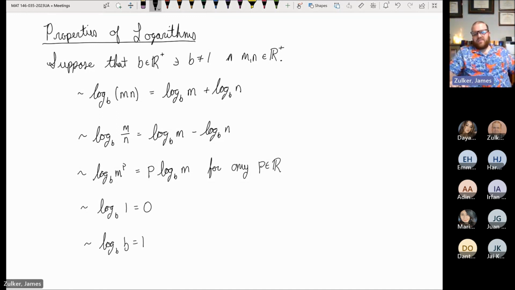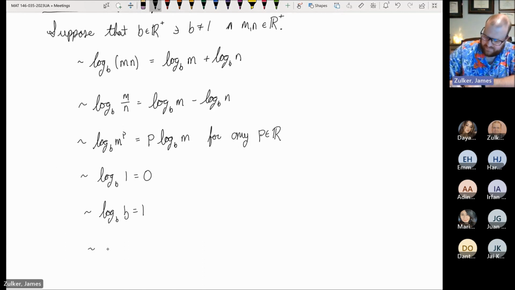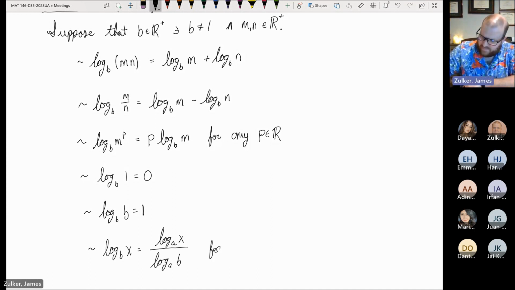If you take the log of its base, it's always 1. And log base b of x is log base a of x divided by log base a of b for any positive real number a.